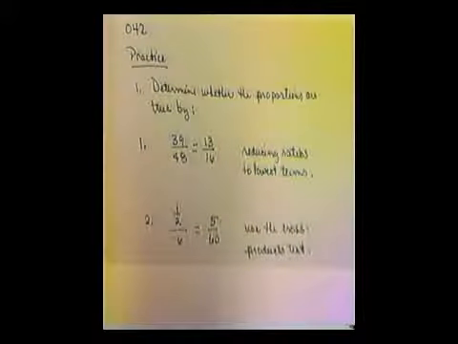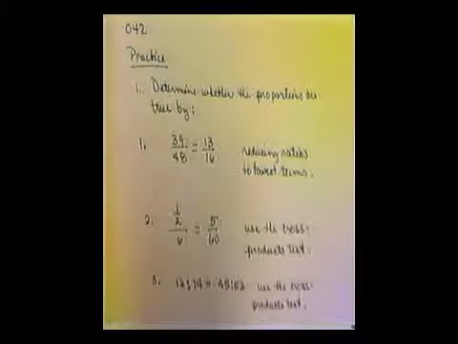The third example is given in colon form: 12 is to 14 as 45 is to 52, using the cross products test. You need to pause the tape now and do these problems and then check your answers. If you have a question or had trouble with these, then you need to find a lab instructor or tutor to help you.